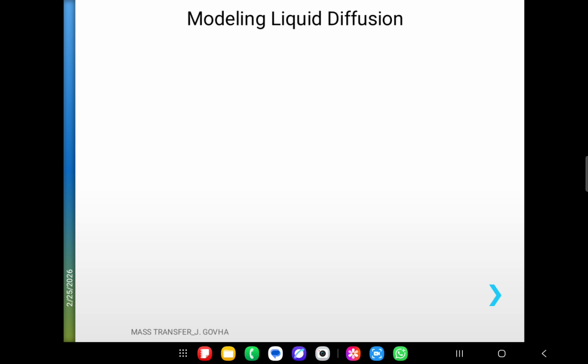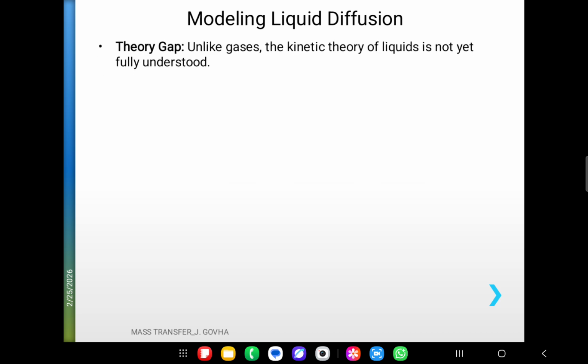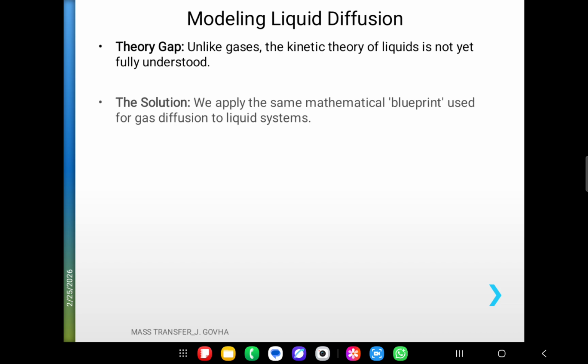So when we want to model liquid diffusion, whereby we want to calculate the molecular flux in liquids, one thing to be understood is that the kinetic theory in gases is much developed, but when it comes to liquids, it's not yet fully developed. So what do we do?